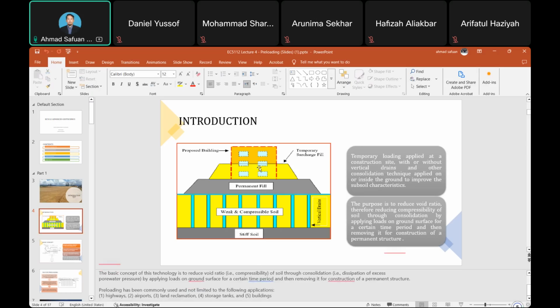Okay. So once we have achieved the desired height, we can remove the temporary surcharge fill, then start to construct the proposed building.